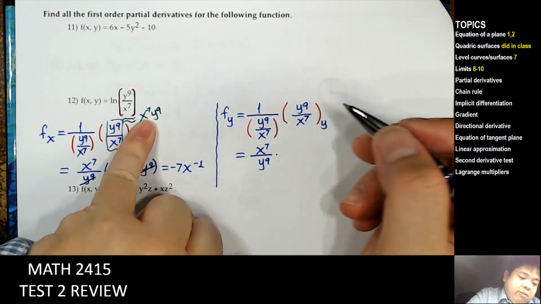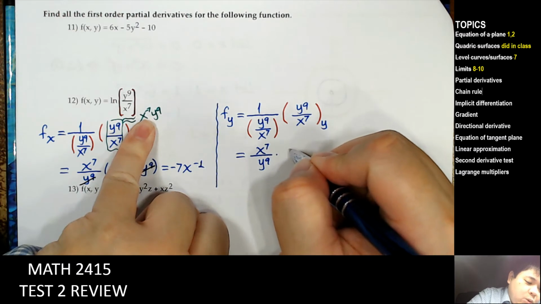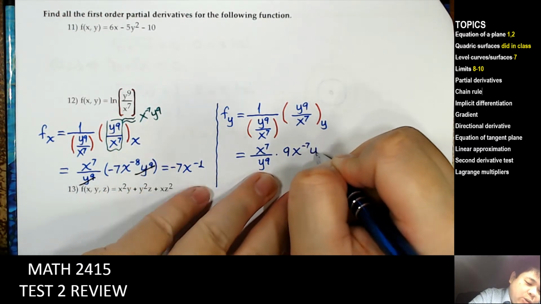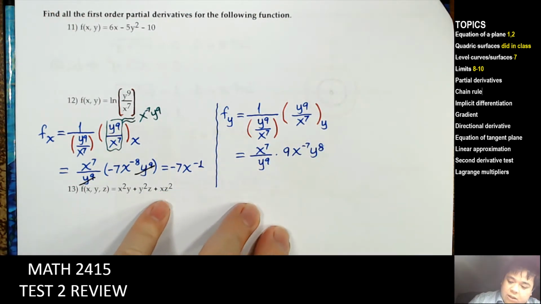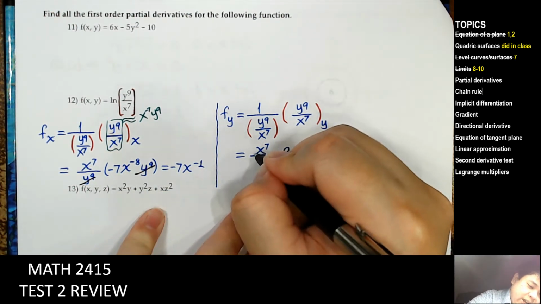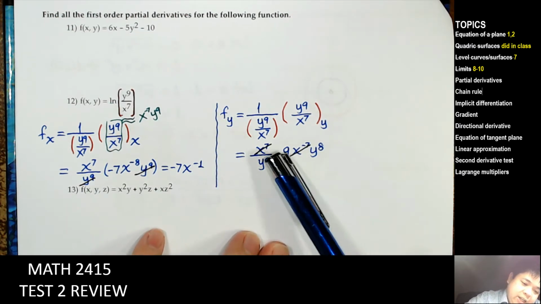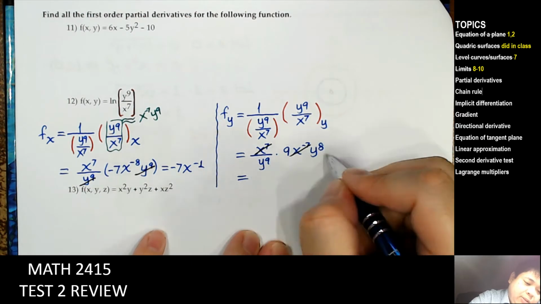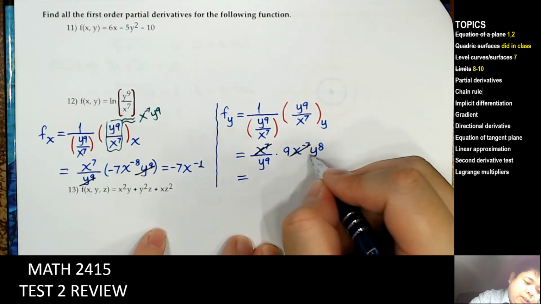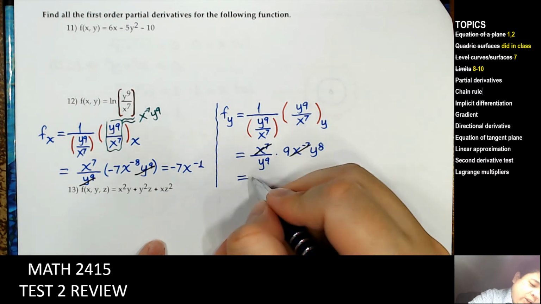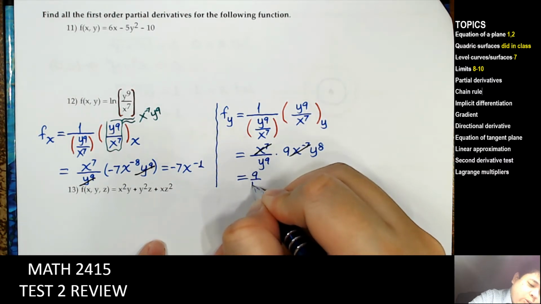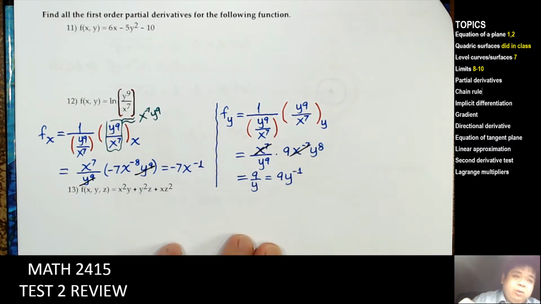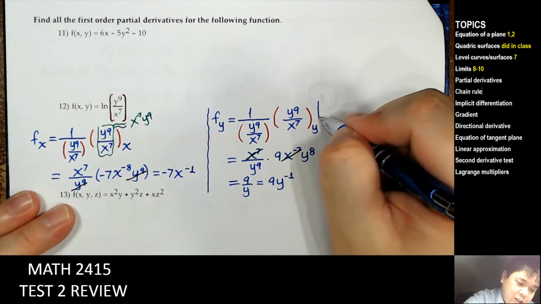And then derivative of that with respect to y is going to be 9 x to the negative 7, y to the 8. X to the negative 7, x to the 7 cancel out. And y to the 9, y to the 8, we have 9 over y, or 9 y to the negative 1. Right, so that is the long way to do it.